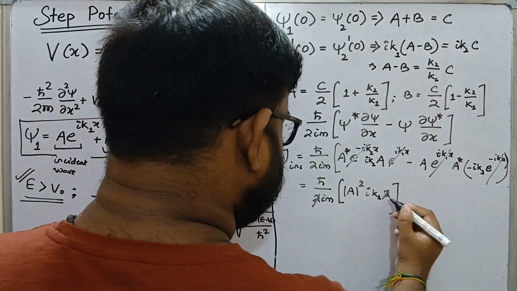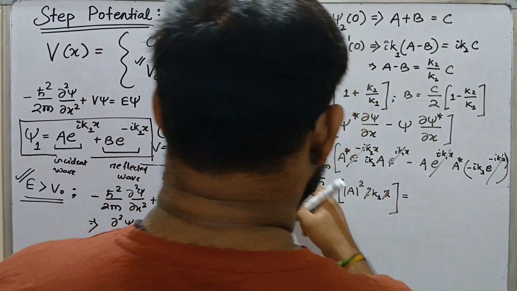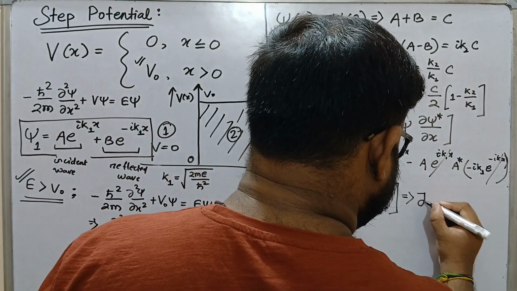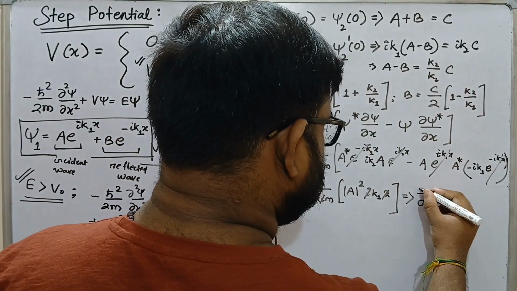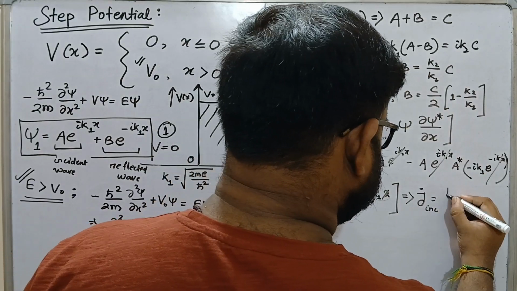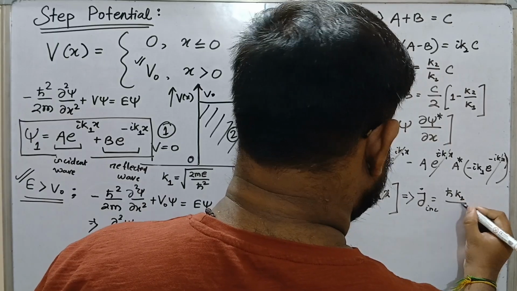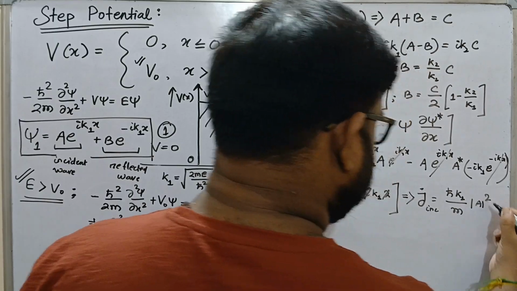So 2 cancels, i cancels. What is the probability current density of the incident wave? It is nothing but h bar k1 by m into a square.